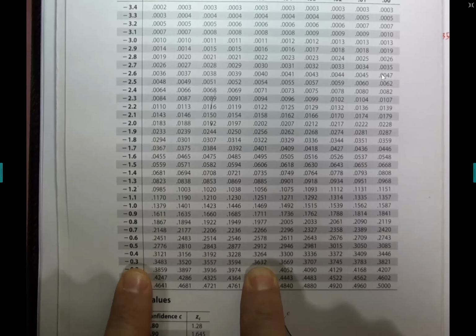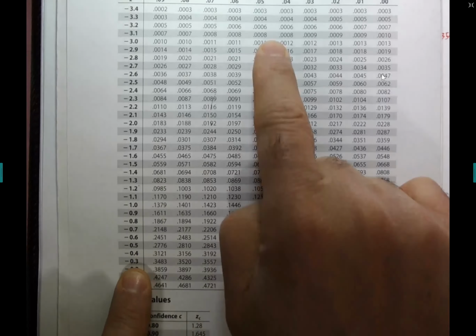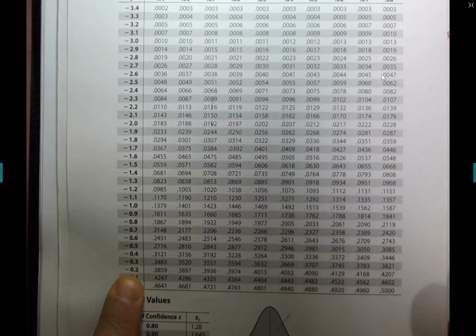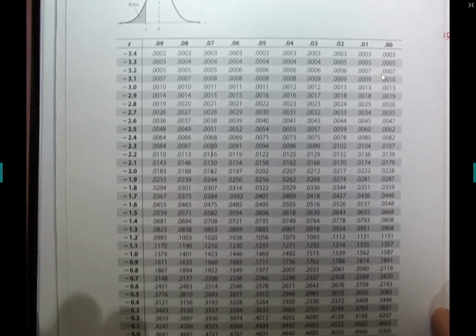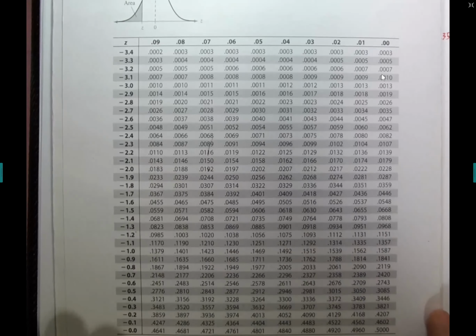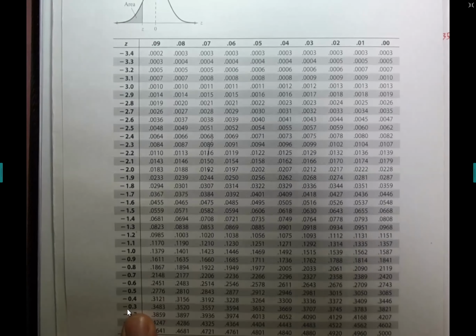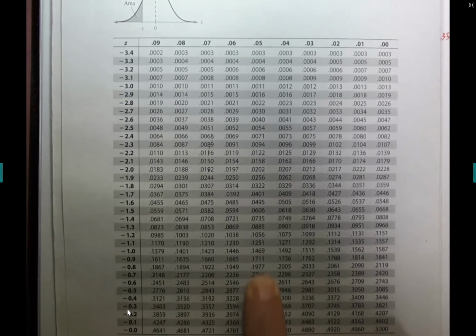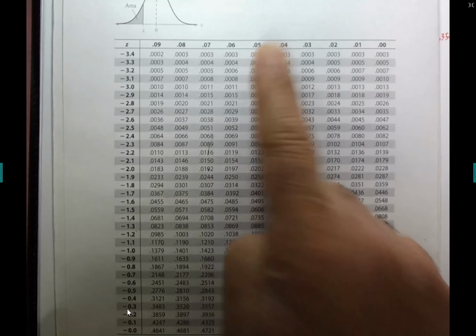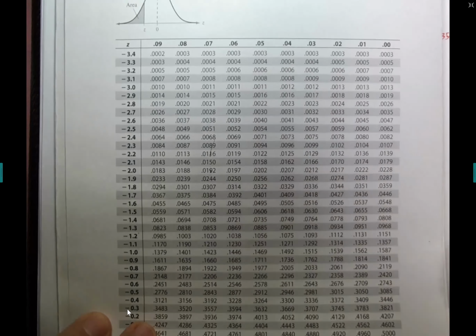And then I need to read the number just right above this. So I got negative 0.3, and let me show you the other number. Can someone tell me what the other number, that 100th place? So this is a negative 0.3, and you guys can see there it's a 5. So Z is negative 0.35.